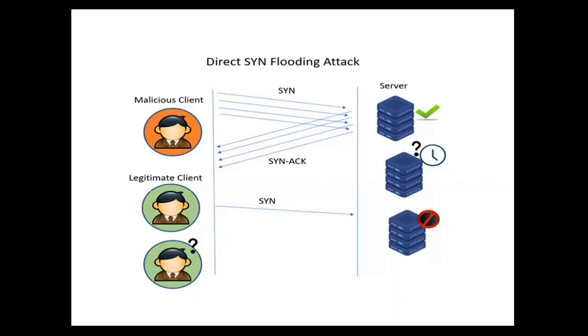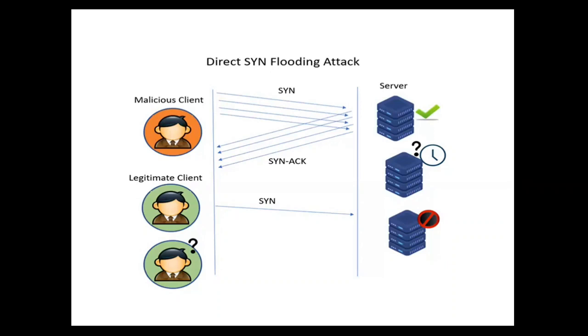When a client system wants to start a TCP connection, it sends the synchronized message as a request to the server. The advantage of the synchronized scan is that fewer intrusion detection systems log this as an attack or connection attempt.